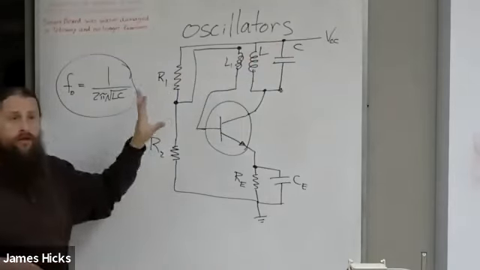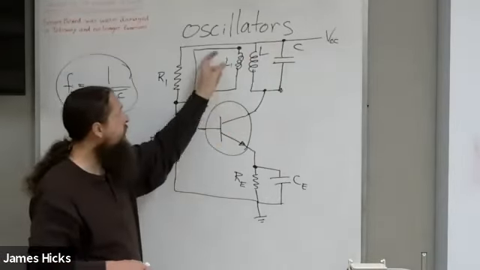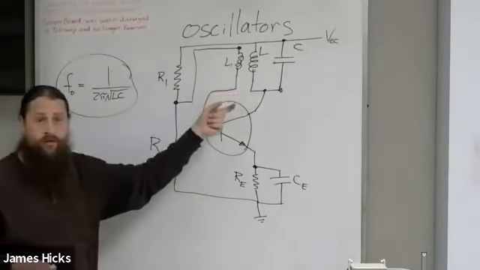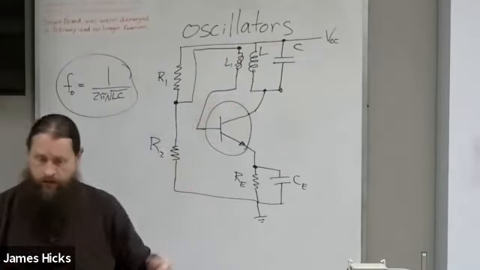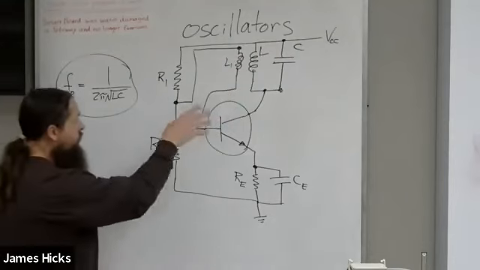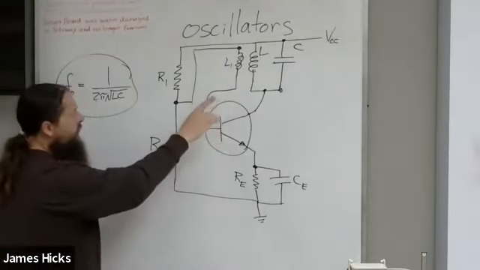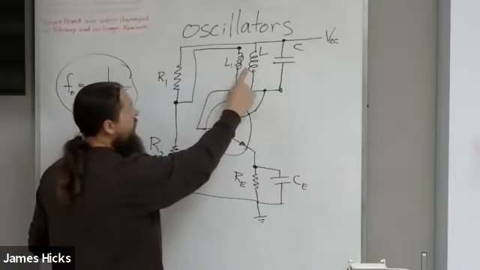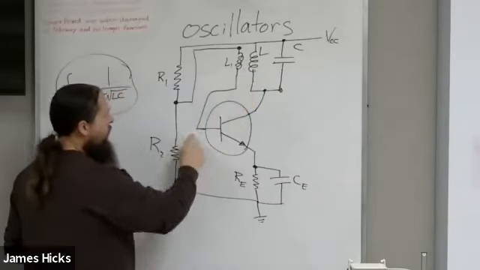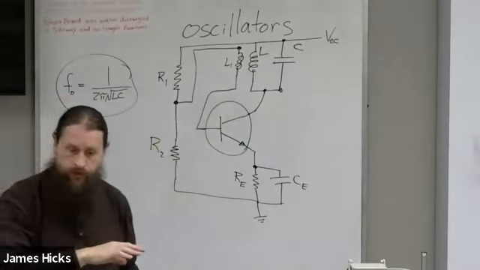The main issue as to why this isn't a practical device is it needs a transformer to work, and that's typically a bulkier, large component. So we want to find a way to get this in-phase coupled signal back to the base without using that transformer.